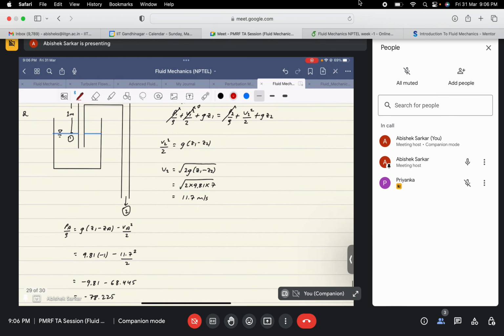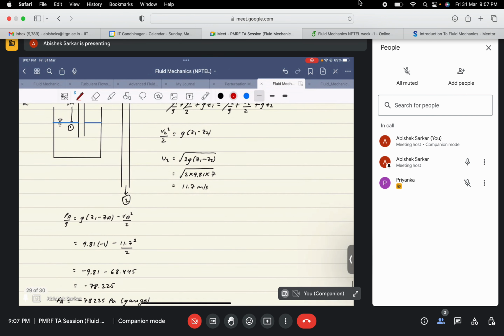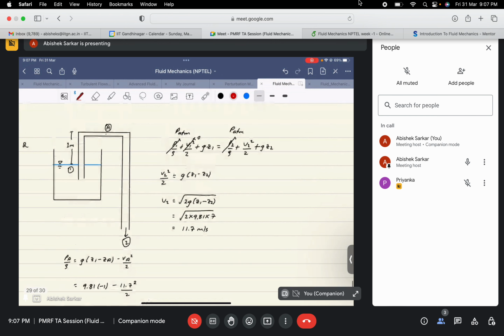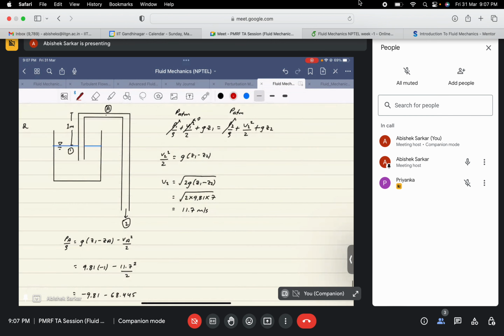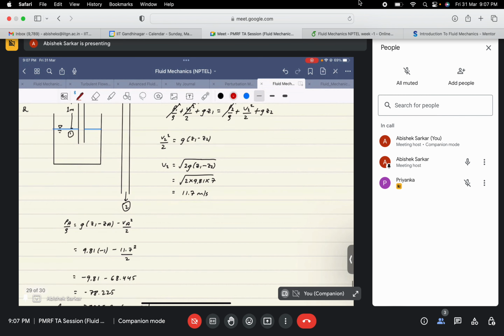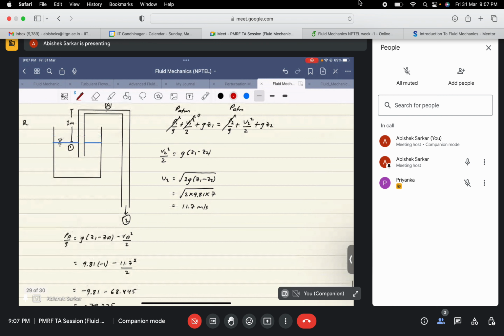So we get PA is equal to, we substitute the value of Z1 and ZA, so it will become -1 because A is above by 1, so ZA will give -1. VA we know because V2 would be equal to VA, again because the area of the pipe is constant. That's an approximation, because we are not taking the loss due to the height difference, but as an approximation we can ideally take it to be constant.